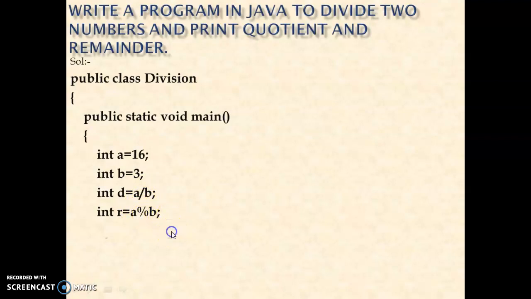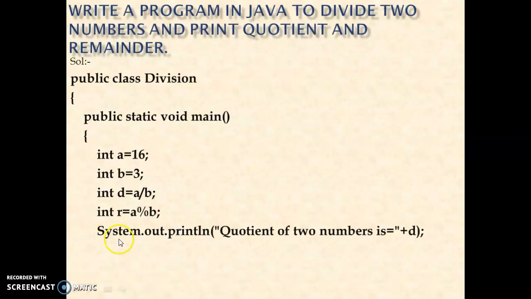Then we have to print. System dot, you already know how to print. System, S is in capital letter only. System dot out dot println. This is ln, not in. Println within bracket, then under quote, whatever you want to print you can print here.